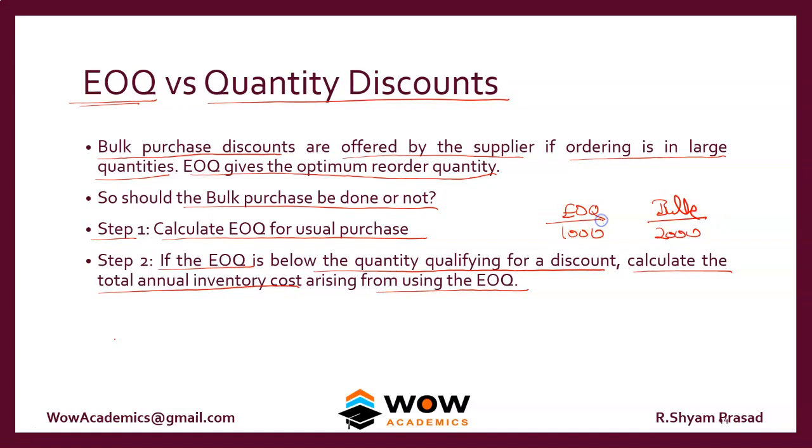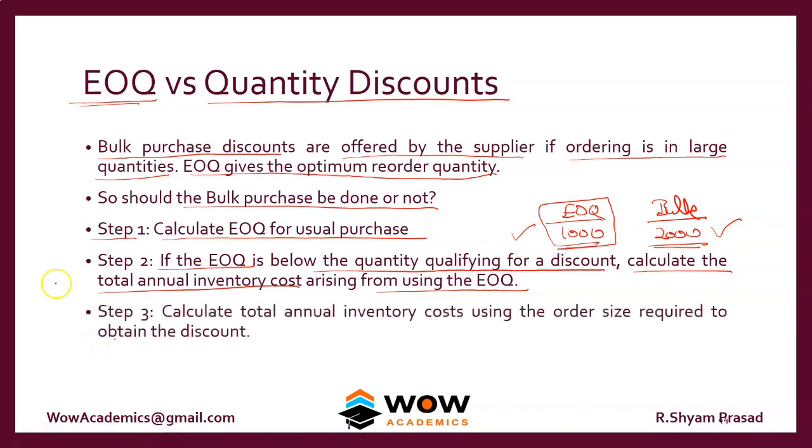So EOQ says you have to buy only 1000 units, but the supplier says buy 2000 units. As EOQ is lower than the required threshold of 2000, now you have to work out the total cost of ordering and holding EOQ items. That is the second step.